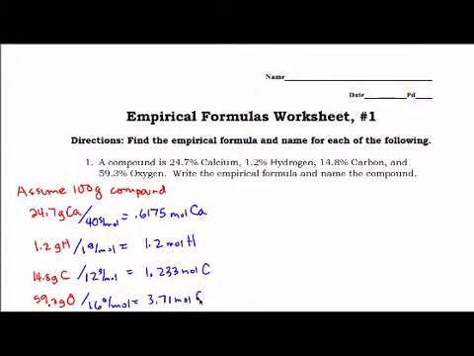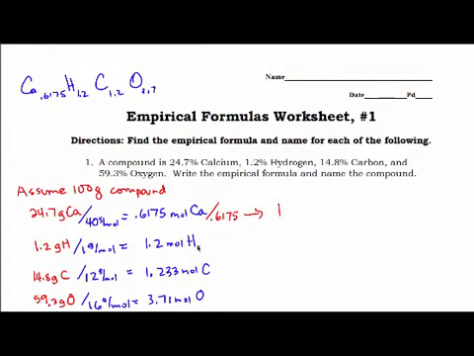Alright, my pseudo formula that I would have at this point would be Ca 0.6175, H 1.2, carbon 1.2, oxygen 3.7. Okay, we never see formulas like that. We need to convert it to whole numbers. Our next step is to divide by the smallest one, which is this 0.6175.